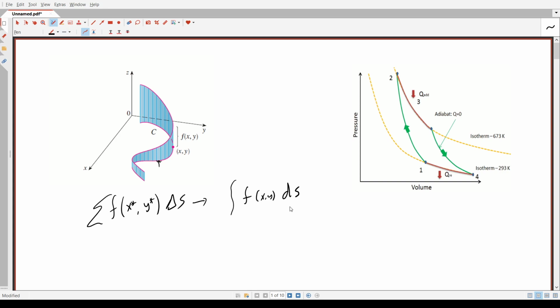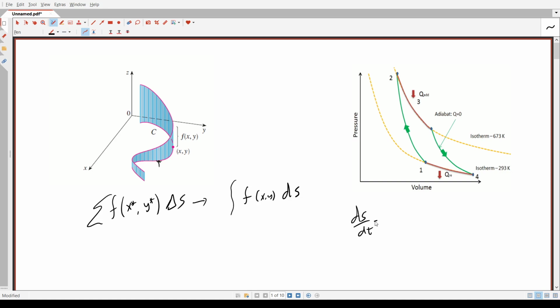So does anybody remember back, like way back to February, what ds was? Does anybody remember? Or how about this, ds over dt? Speed. Okay. Yeah, that was true.